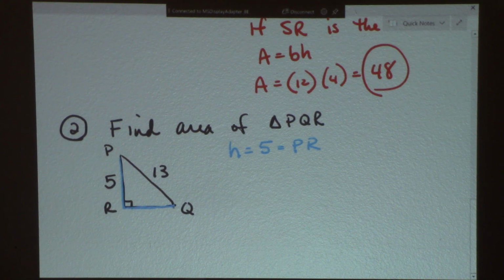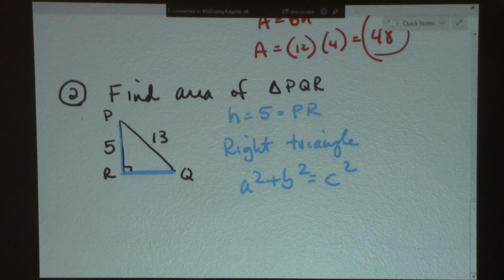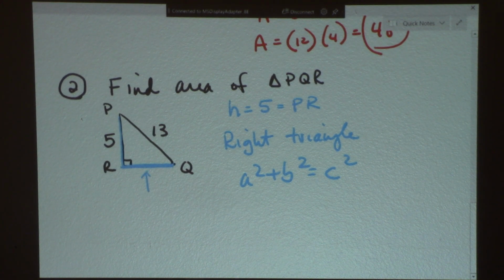Now the base I don't know. So I need to find that. But I have a clue, and that is I have a right triangle. And what's true of a right triangle? The Pythagorean theorem. So I can use the Pythagorean theorem to find this missing side.